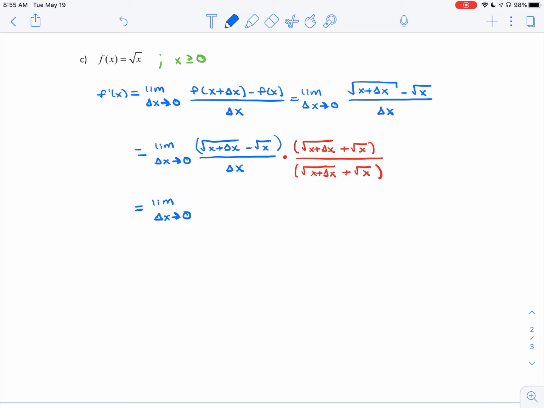So if we FOIL this, we'll get x plus delta x. Our middle terms always cancel with conjugates, and then minus x. I'm just going to leave my denominator in factored form.